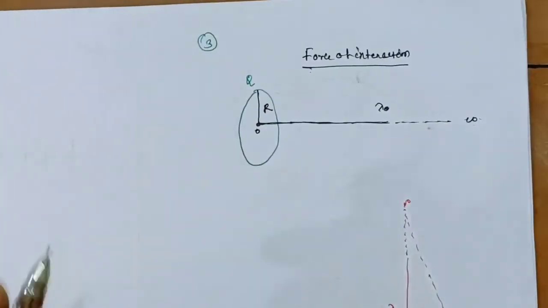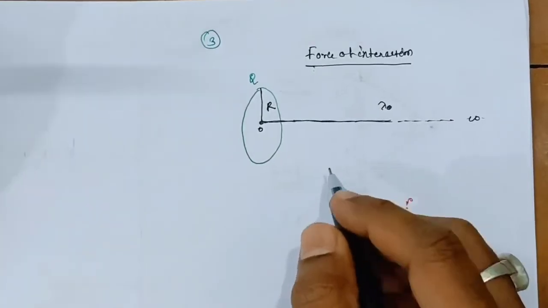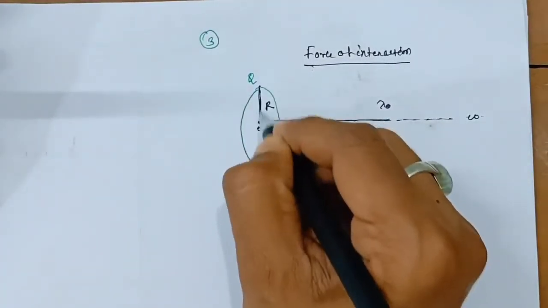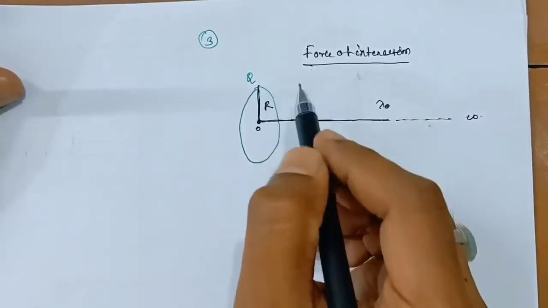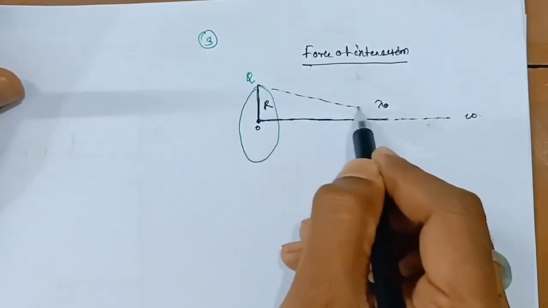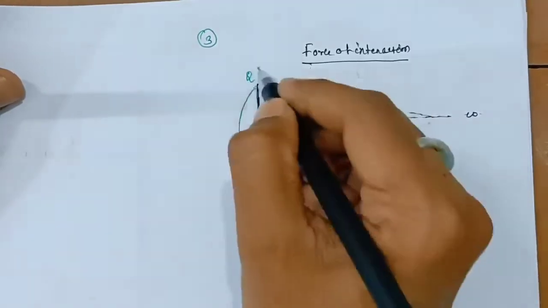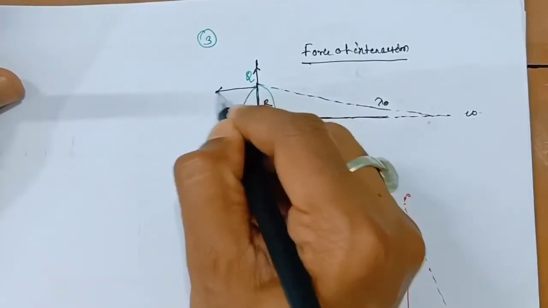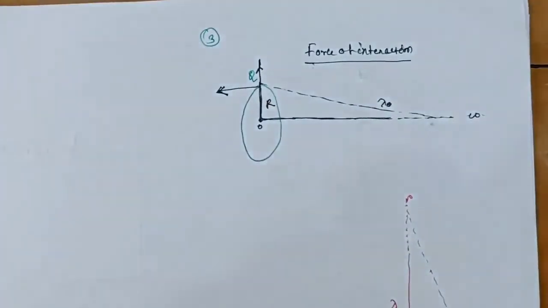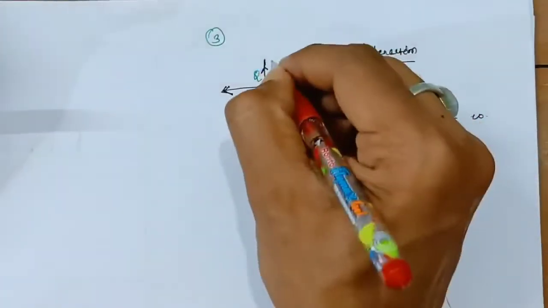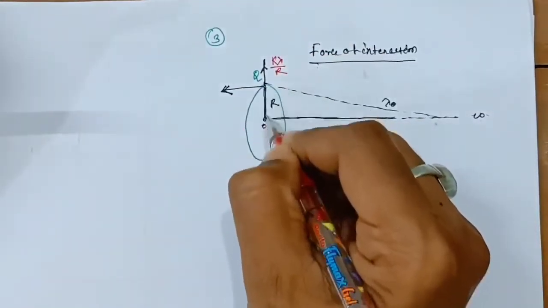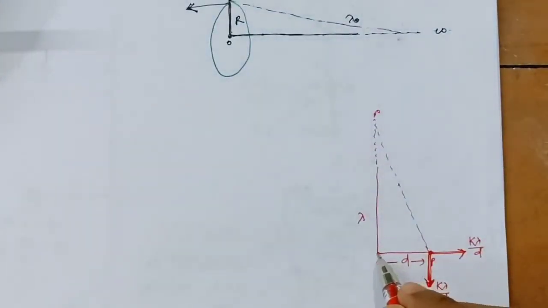Yes, I can use the same concept here. If I look at this ring, due to the infinite rod, at exactly distance r, how many components of electric field are there? I just want to connect like this. So two components of electric field, this is one component, and there will be another component like this. The expression of electric field is k lambda by r, because here the distance is r and there the distance was d.